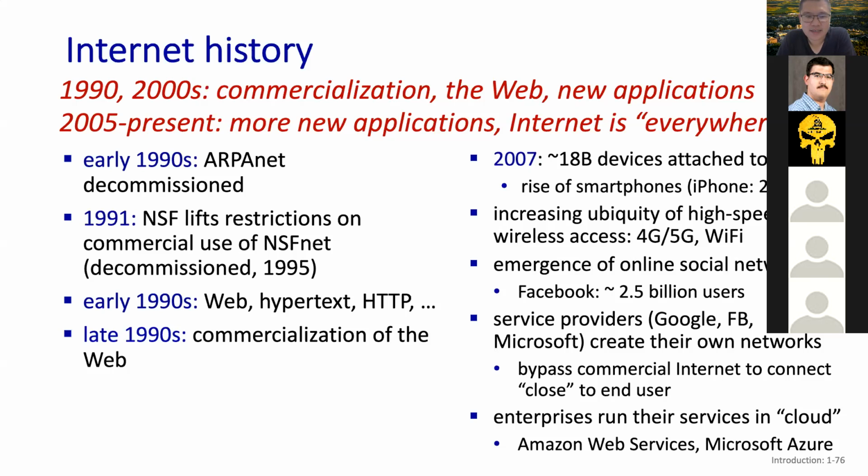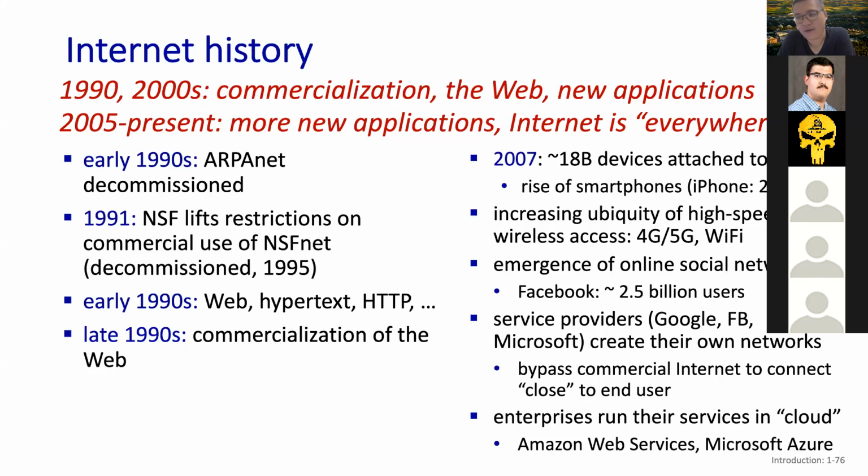But nowadays, after 2007, you can see billions, 18 billion devices attached to the internet. Nowadays, I believe it's maybe 100 times more billions of devices attached to the internet. Because in 2007, the iPhone was just invented, but at that time, maybe not everyone had a smartphone.